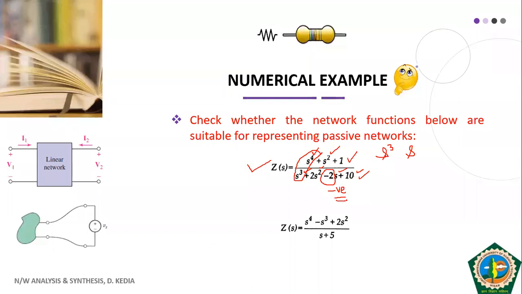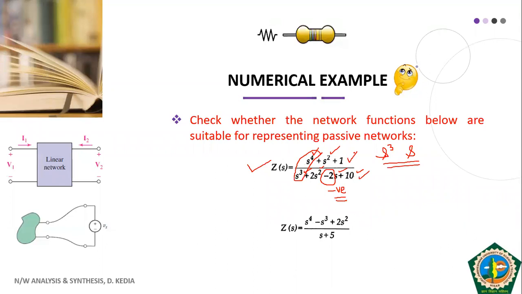And in the numerator, though terms are missing, they are all the odd terms; all the even terms are present in this numerator polynomial. So that condition is satisfied. This is how we check the network function and apply those conditions for the suitability of the network function for a given passive network.